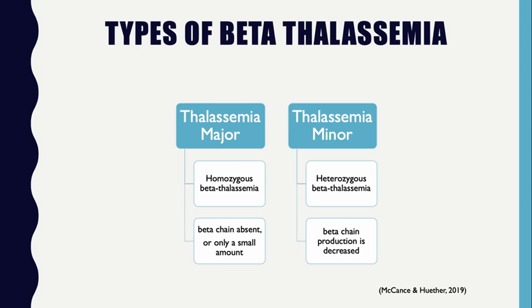Now, thalassemia minor is a heterozygous thalassemia, meaning you only have one of those recessive genes. Therefore, the effects aren't as significant because there is still beta chain production.